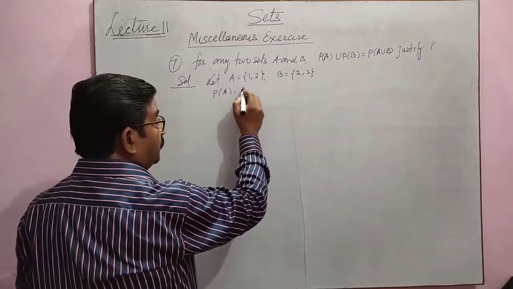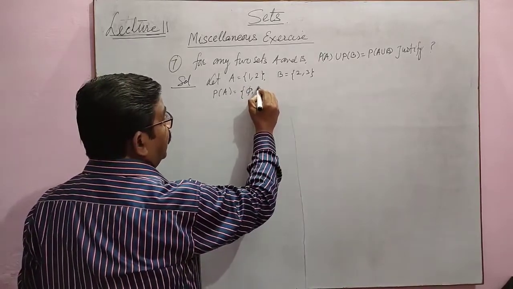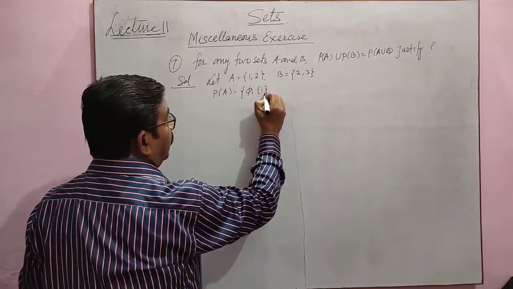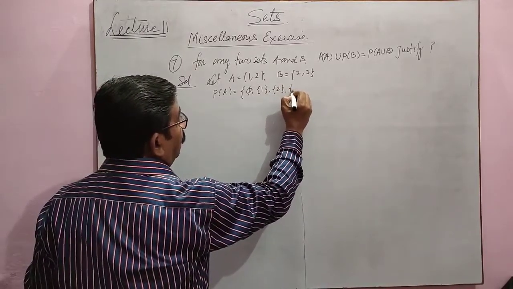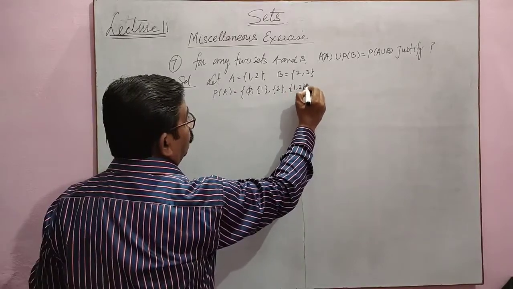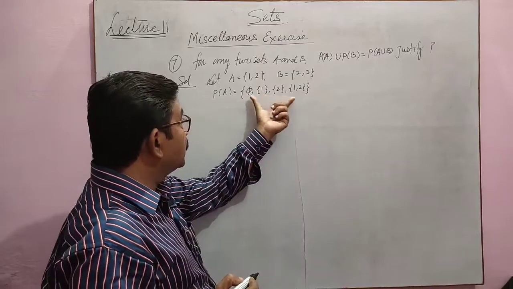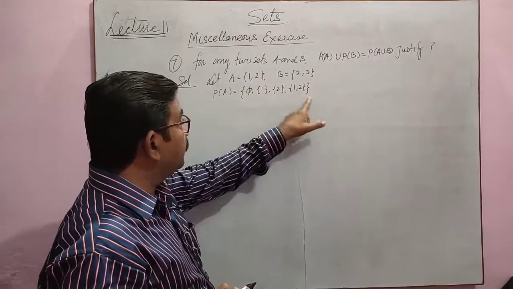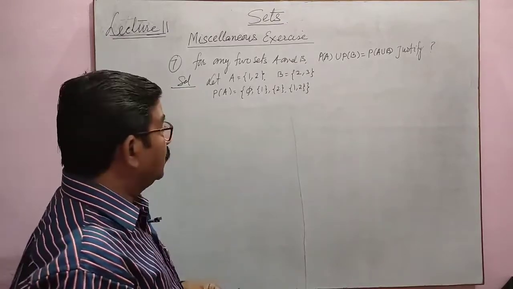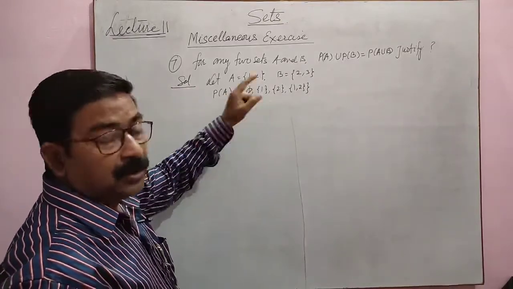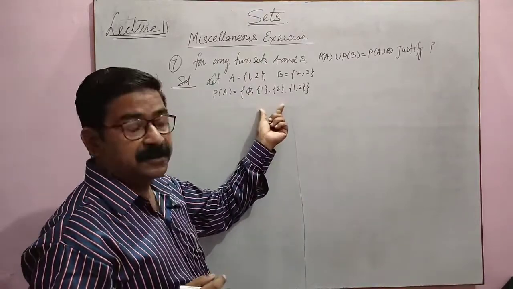So how many subsets will there be? See, first the empty set, then we have {1}, then {2}, then {1, 2}. These are subsets written in the form of a set, so it is the power set. There are two elements, so we have 2 to the power 2, that is 4 subsets.